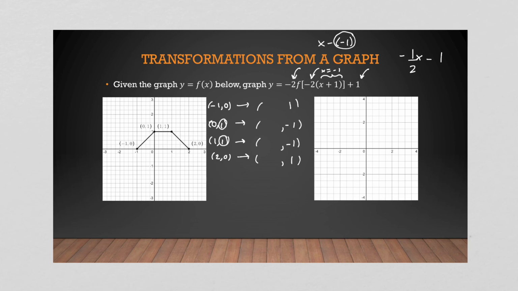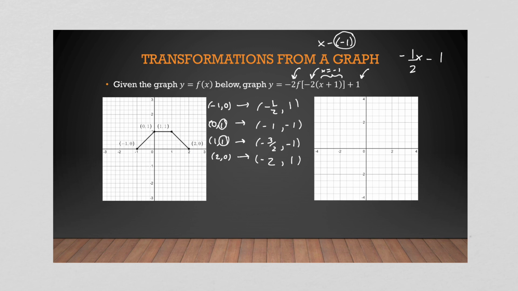So -1 times -1/2 is positive 1/2, and then -1 is -1/2. And then we have 0, so 0 times -1/2 is still 0, and then -1 is -1. And then 1 times -1/2 is -1/2, and then -1 is -3/2. And then 2 times -1/2 is -1, and then -1 is -2.